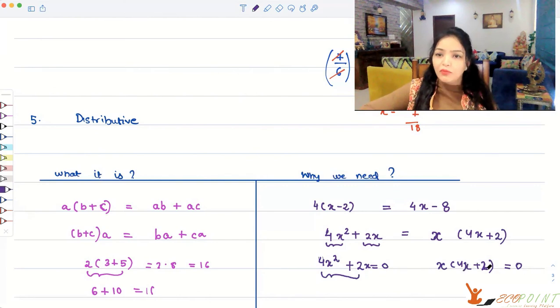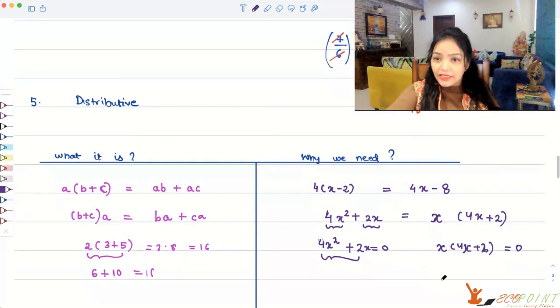Why would it be more helpful to us? Because I know that the product of two numbers will be 0 only when at least one of them is 0. So I can easily solve using a product of factors here by taking x common.